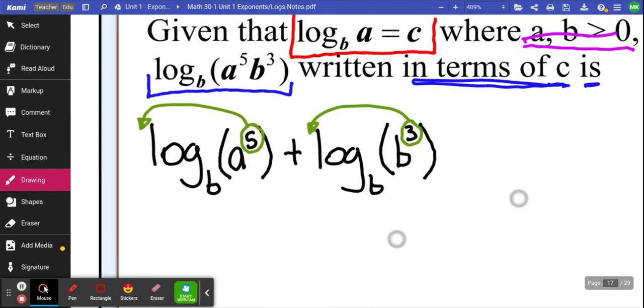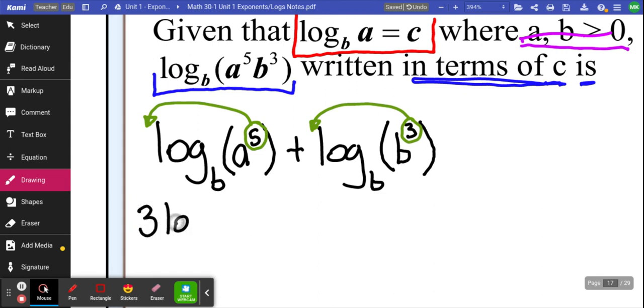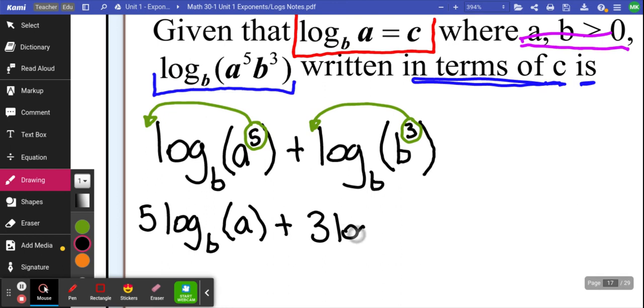So this now becomes 5 log b of a plus 3 log b of b.